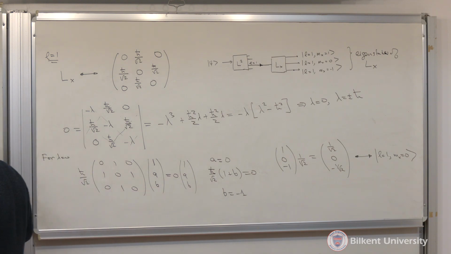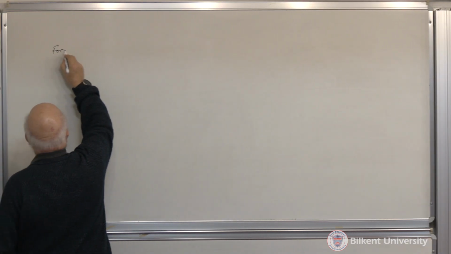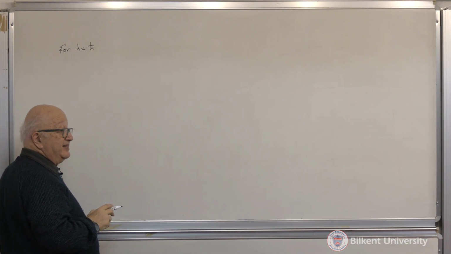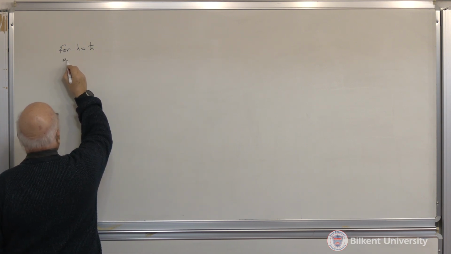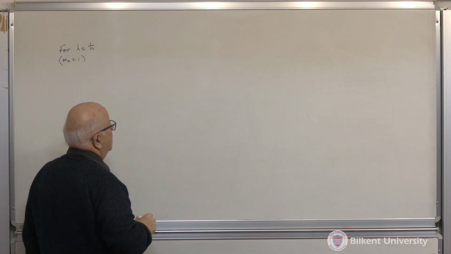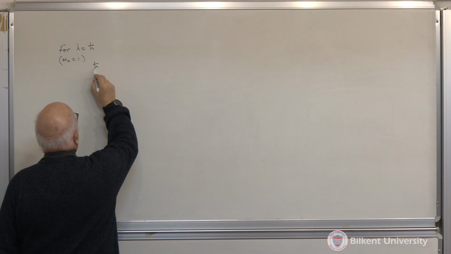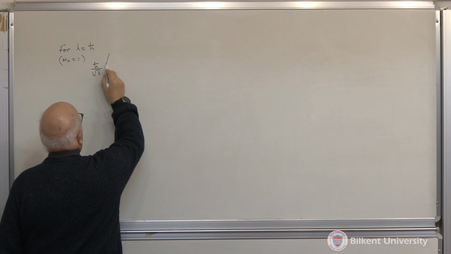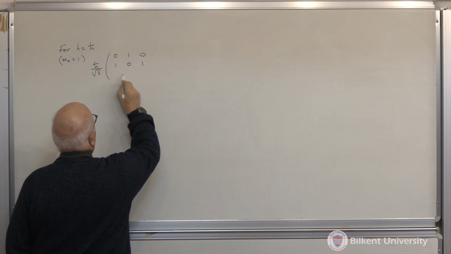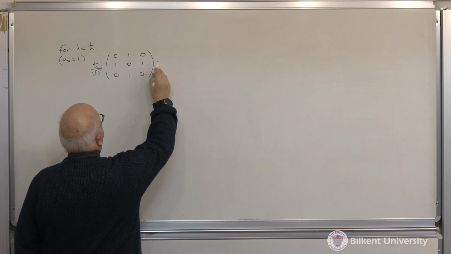So let's go to the case for lambda equal to h bar. This is the mx equal to 1 case. So I have h bar over square root of 2 times the matrix, times my eigenvector.